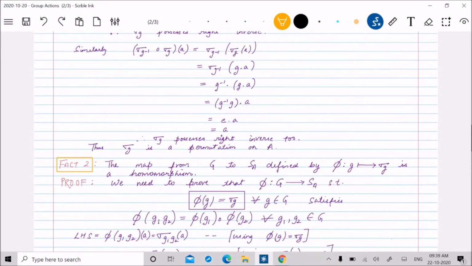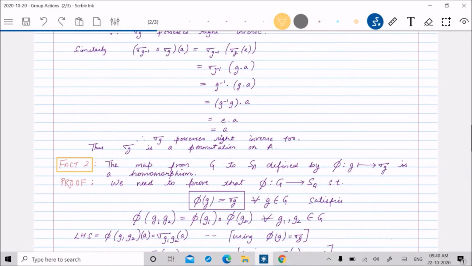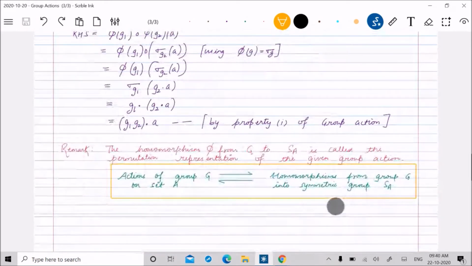Because suppose the set capital A has 3 elements, and capital G has 4 elements. Group actions will be there. I'm asking this question to all of you. My question goes to Ms. Priyanka. Yes, sir. How many rows will be there if you construct the composition table of this group action?